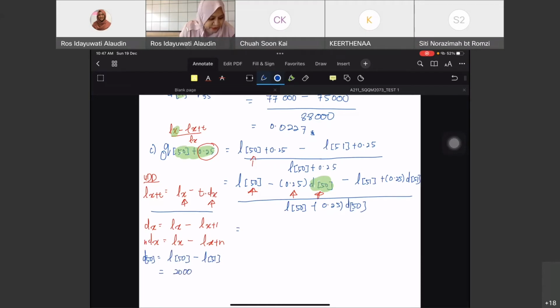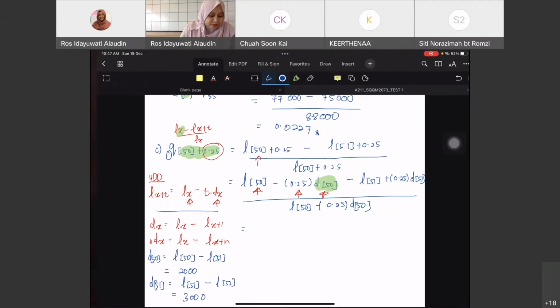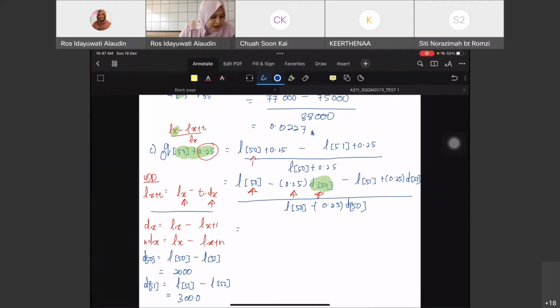So D51 is L51 minus L52. It is 3000. Then you plug in L50 is 90,000.